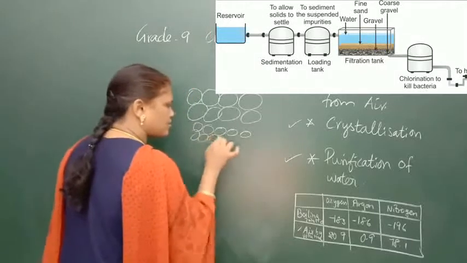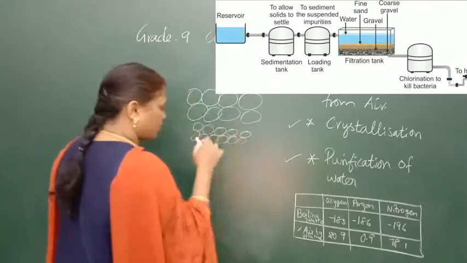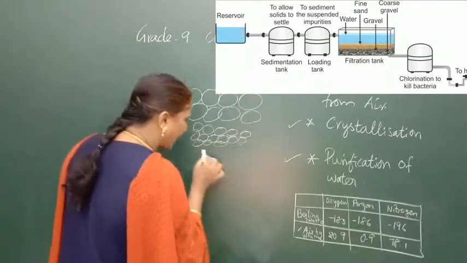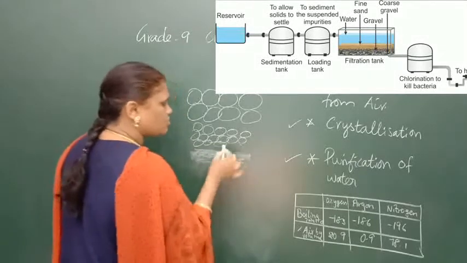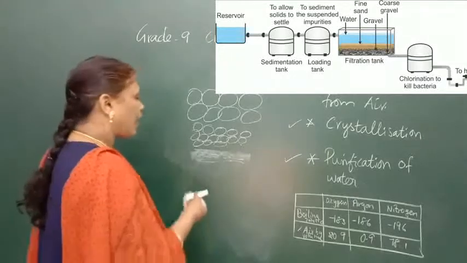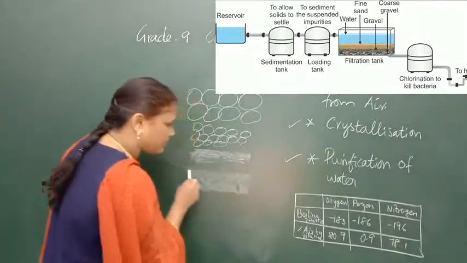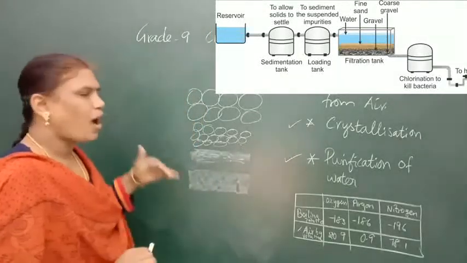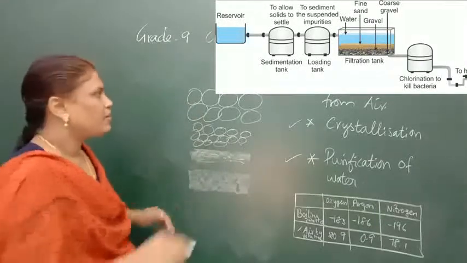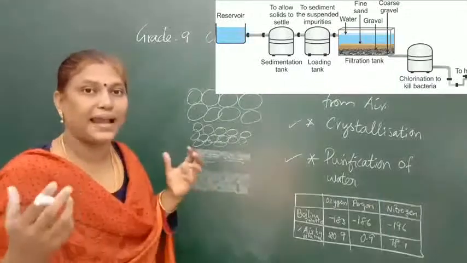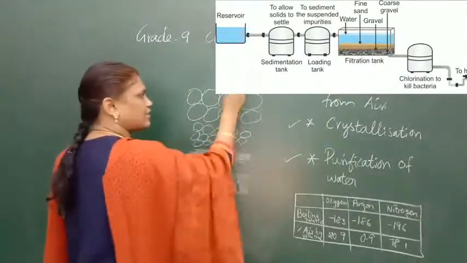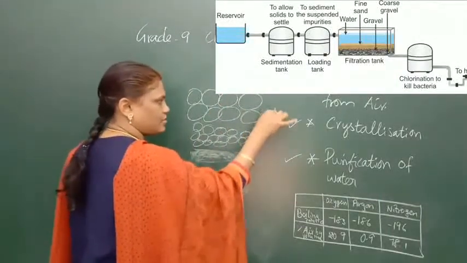Why is it like this? Have you ever thought about it? After that, small particles of stones with the gravel, and after that, fine sand will be there. What purpose is it there for? When the water is poured with force, the bigger particles will settle in the first stage.